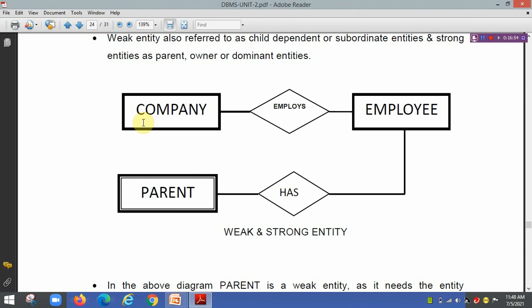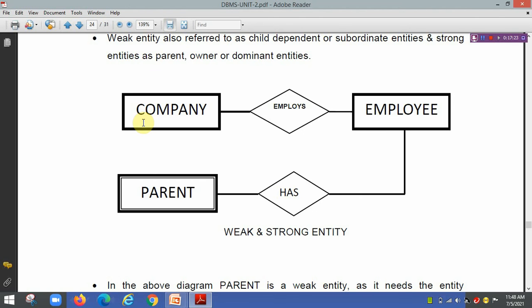If the employee works in the company, then the employee has a personal database, where the parents' details are stored. If the employee exists, then the parent exists. If the employee doesn't exist, then the parent is automatically deleted.